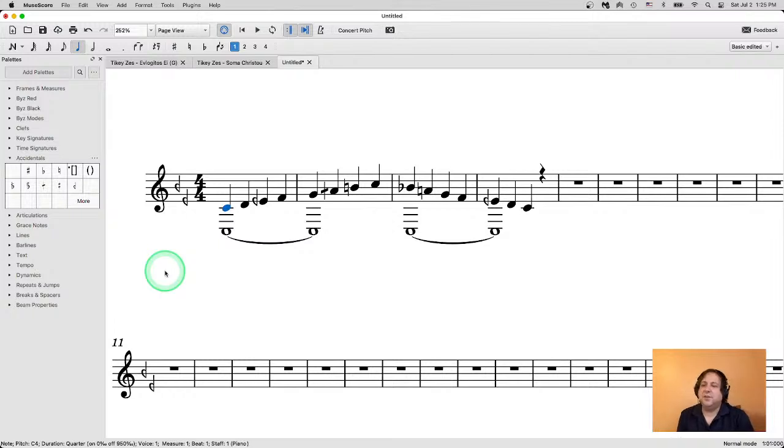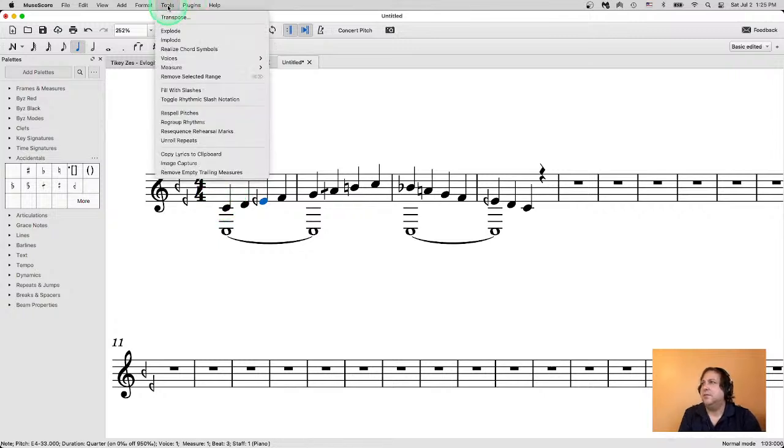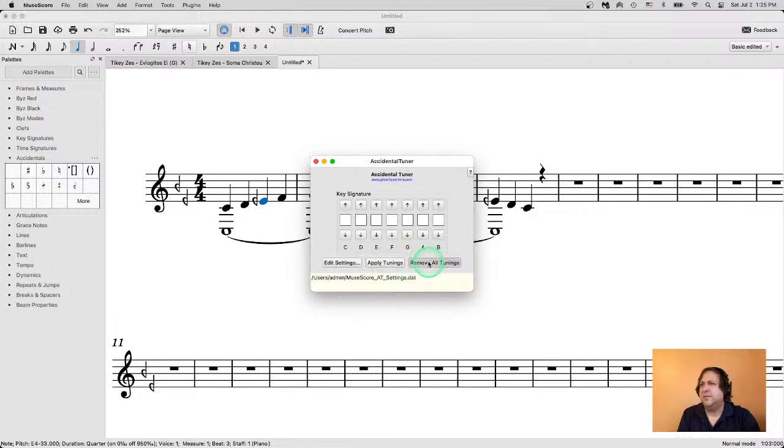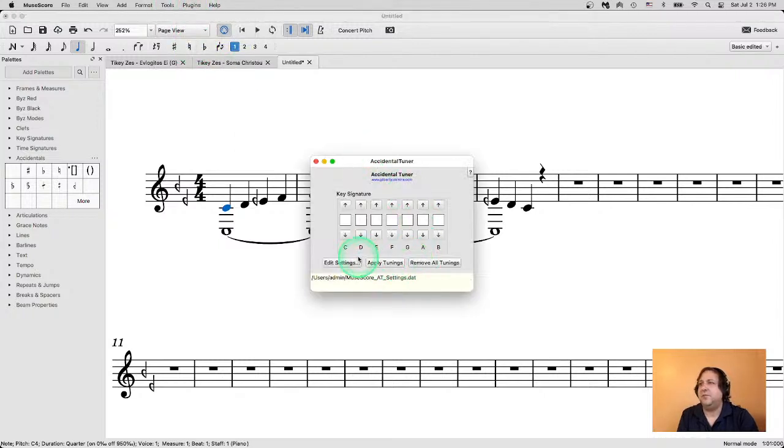See how it sounds just a little different? Hear it again. See that? Now if I undo that, hear that? That's with all naturals. Now if we go back and we apply all the tunings, listen to it now.